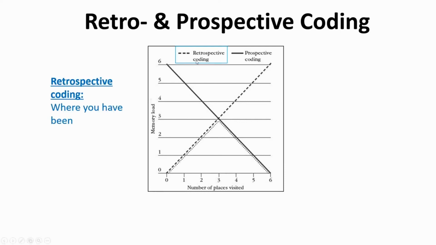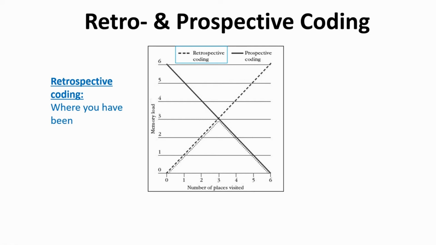So we're going to focus on this retrospective coding dotted line that goes up like this here. So if you're focusing on retrospective coding, you're going to remember each of the places that you have already visited. And so for our graph here, we have our memory load, which is how much you are holding in your memory at that moment. So maybe it's your working memory.